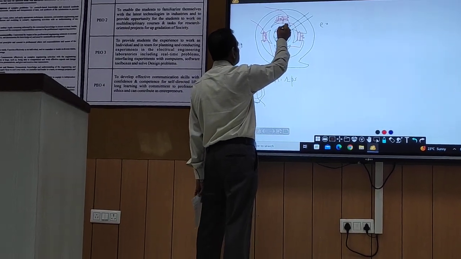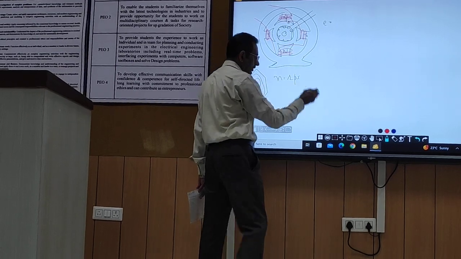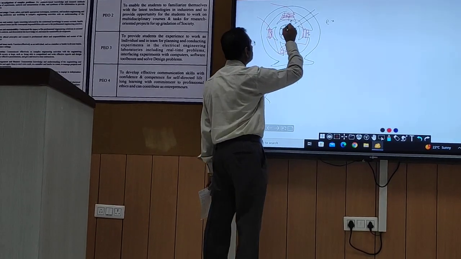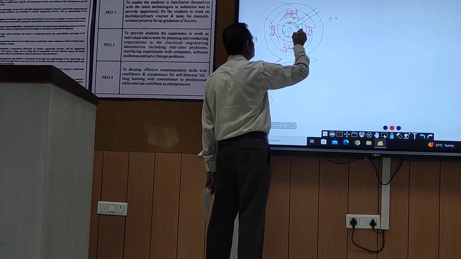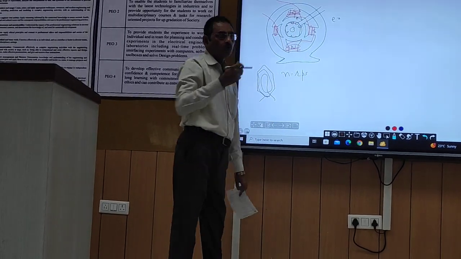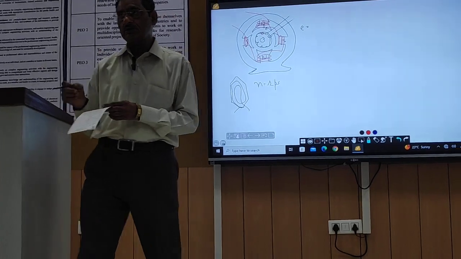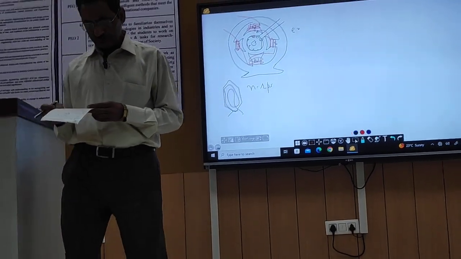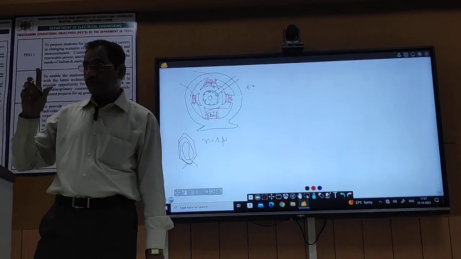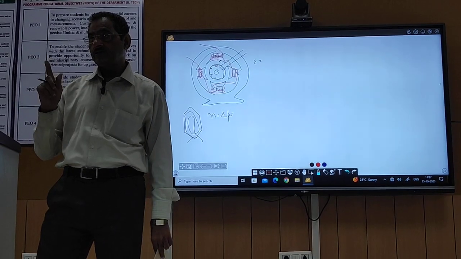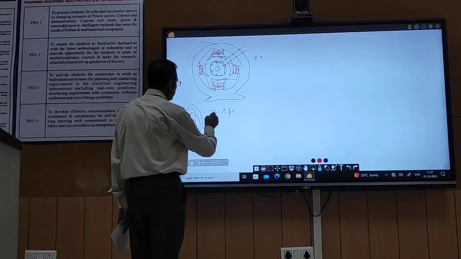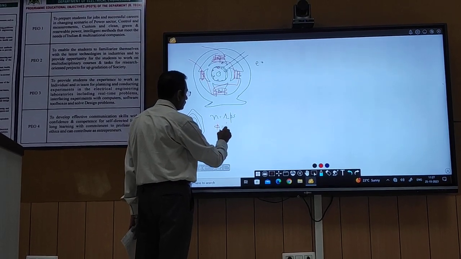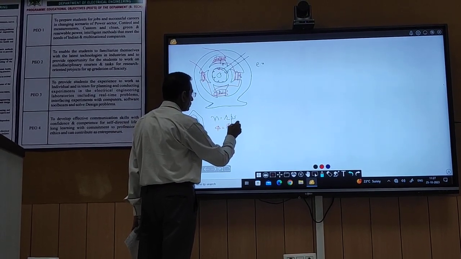Making this rotation from here to here, for example, there is one conductor. When it moves one complete cycle, how much flux will be cutting this conductor? Flux in one pole is phi. Phi is the flux per pole.